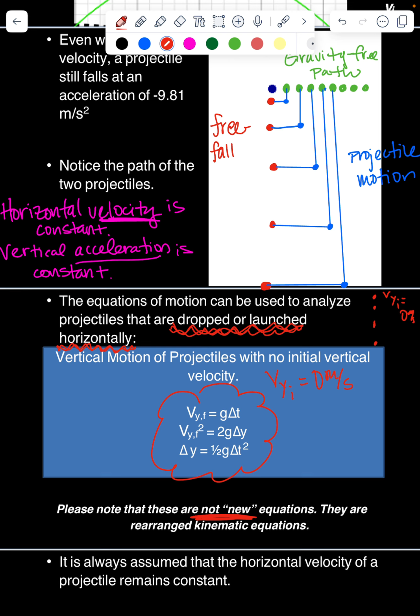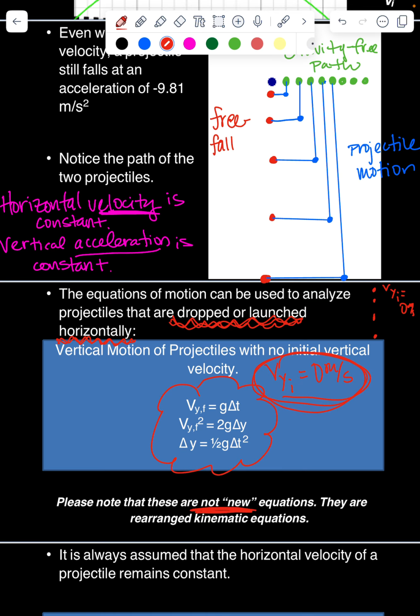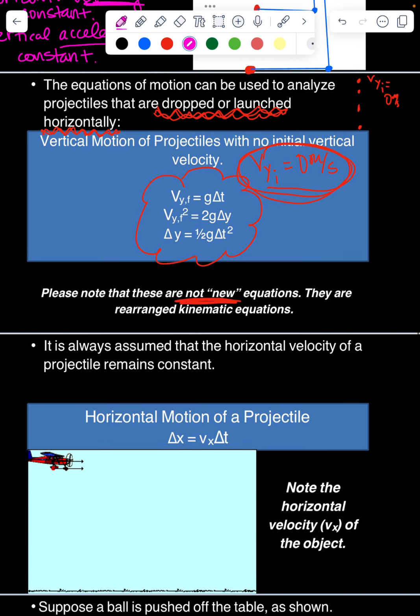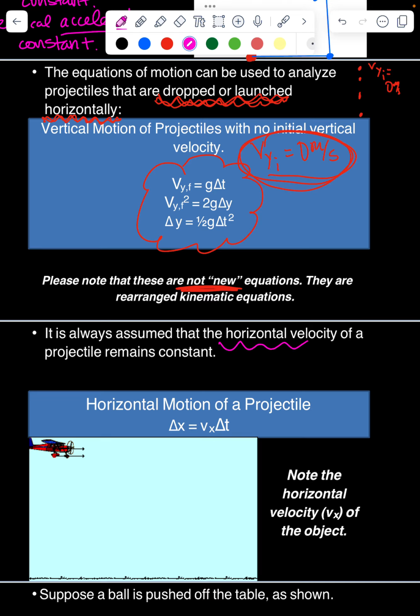And then this one, delta y is equal to 1/2 g times delta t squared. That comes from our third equation. Again, we have taken out that Vy initial to be more specific, because it's going to be 0 whenever things have been launched horizontally.